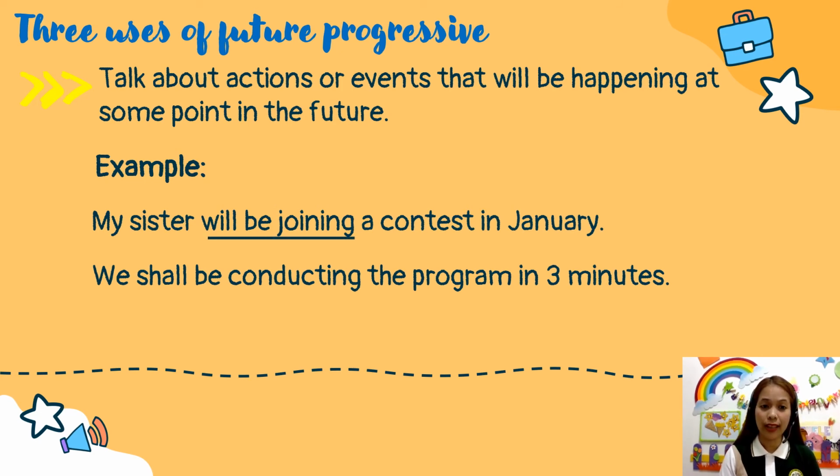Will be joining and shall be conducting are both in future progressive tense. Okay? Future progressive tense indicates actions that will last for a period of time in the future. The verbs in the sentences are used with time expressions that refer to future time, which are January and in 3 minutes. Okay?